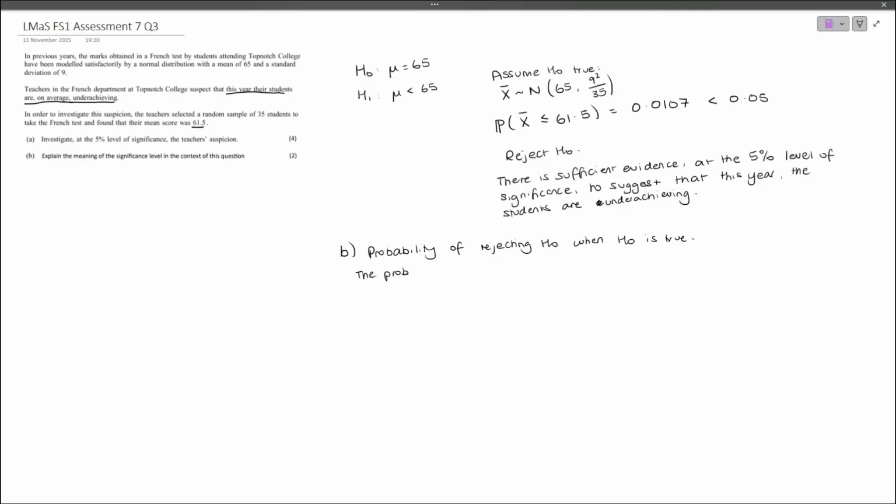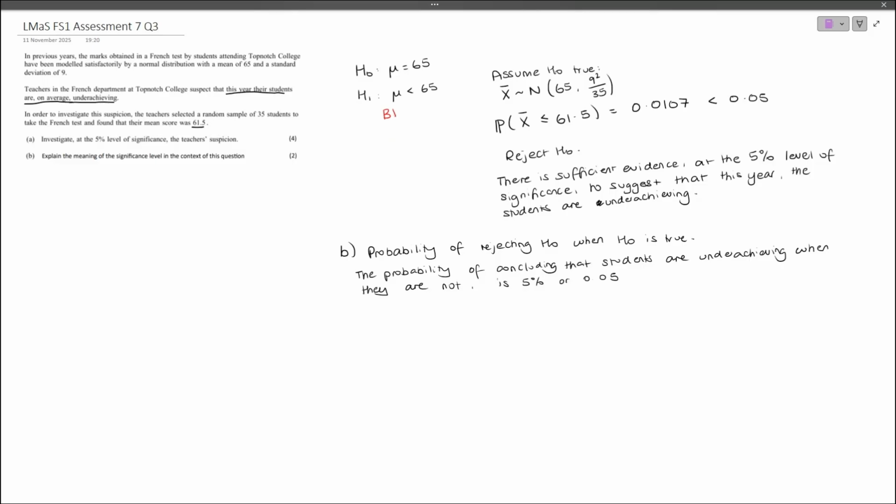The probability of concluding that students are underachieving when they in fact are not, is 5%, or 0.05.